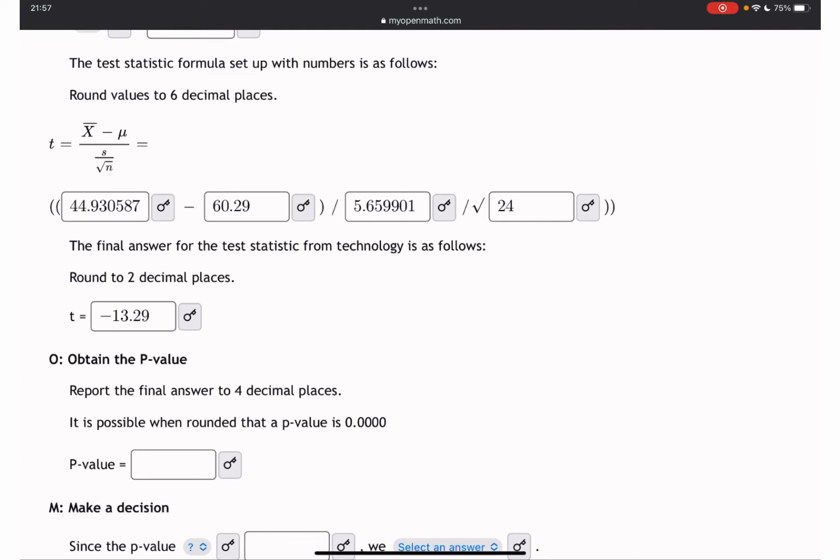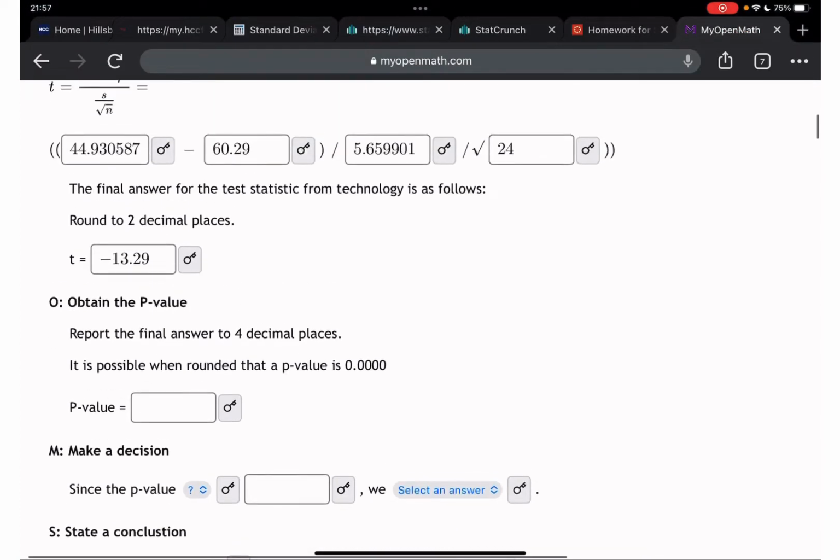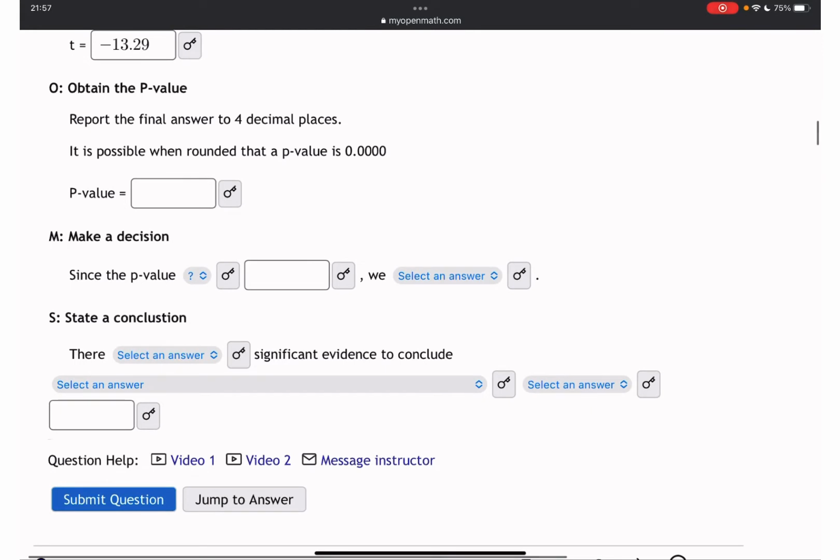I don't need to do all this calculation I placed here because we got it from StatCrunch, and it says negative 13.29. Next, obtain the p-value. Let me see how many decimals they want for the p-value. It says when rounded, the p-value is 4 decimals.